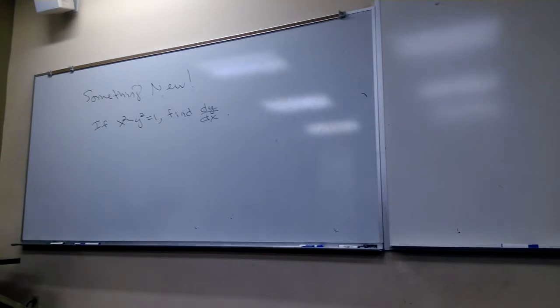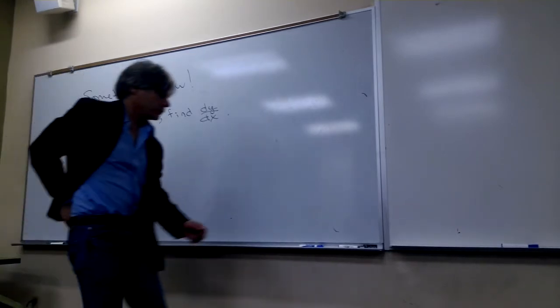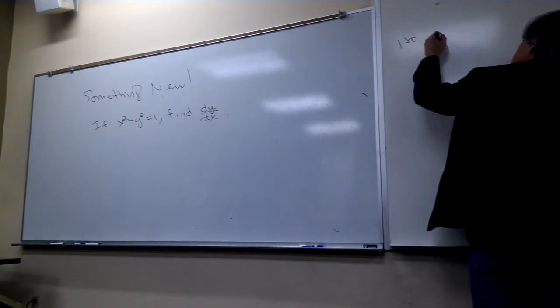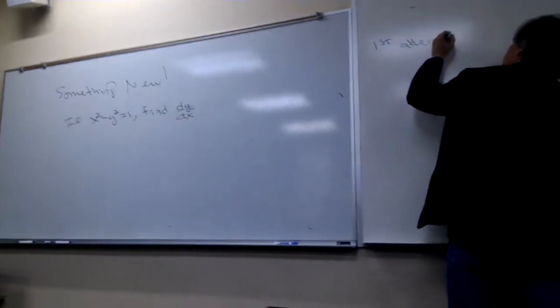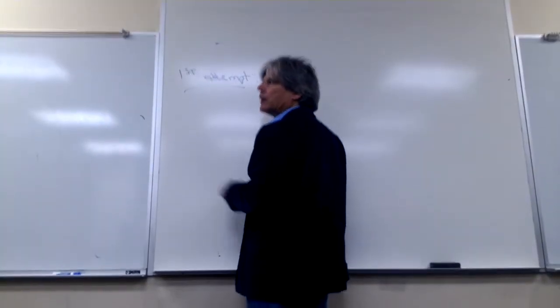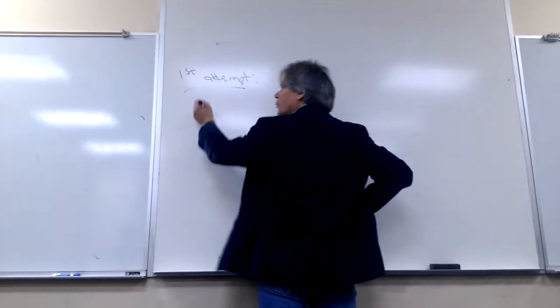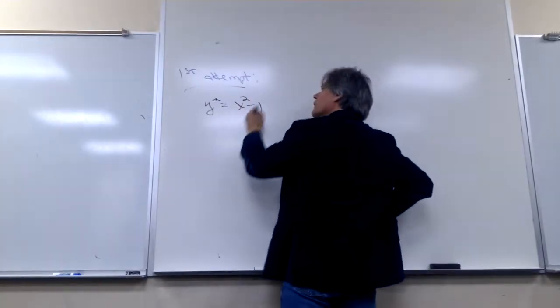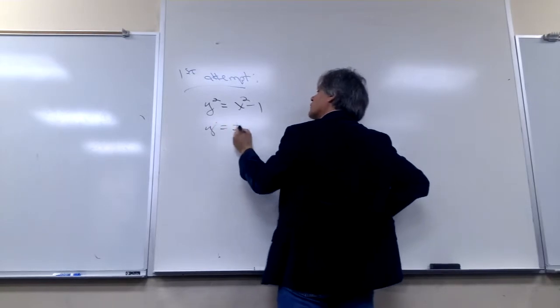However, I have to confess, if I used a tad bit of math skills first, and isolated y in that equation, wouldn't I get that y squared is equal to x squared minus 1? Which means y is equal to plus or minus the square root of x squared minus 1.